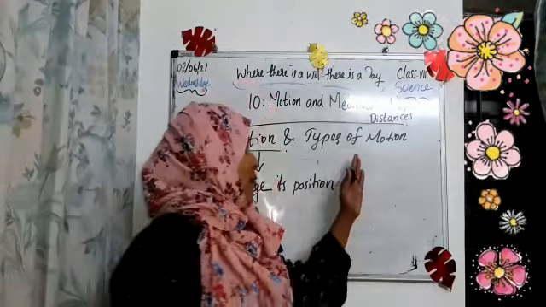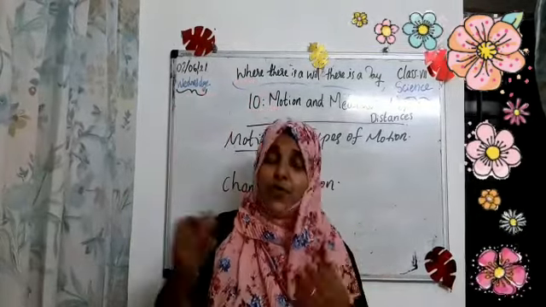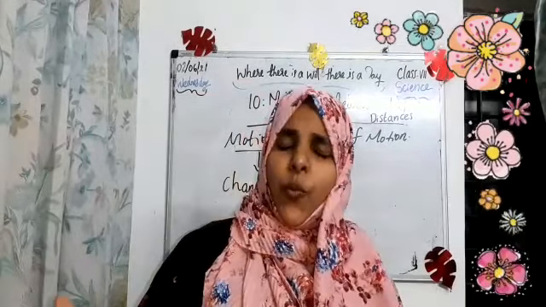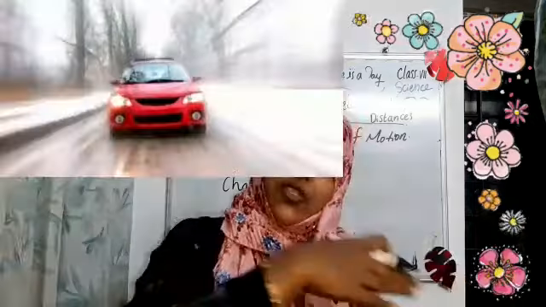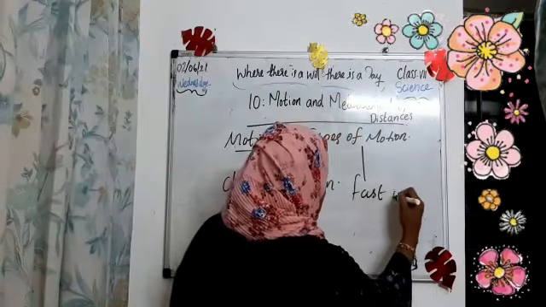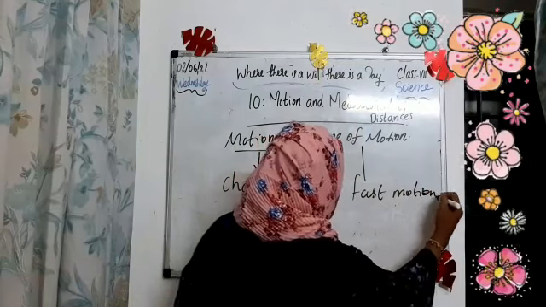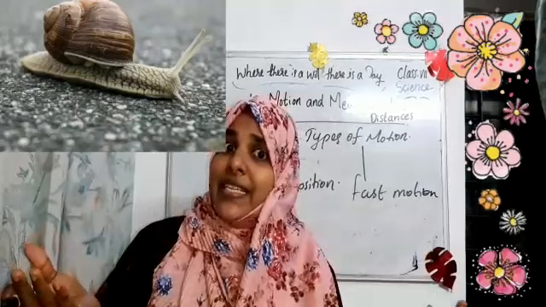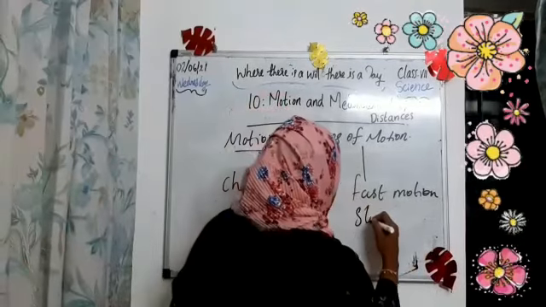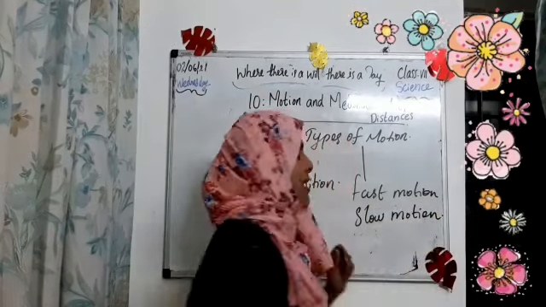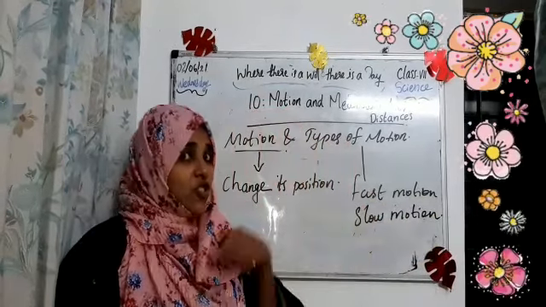And now let's check what the types of motion are. Some objects move very fast, so we call it fast motion. And some objects move very slowly, that we call slow motion. From the name itself you can understand fast and slow motion.